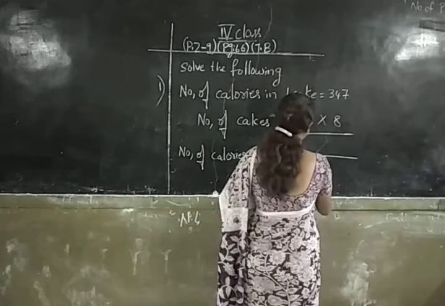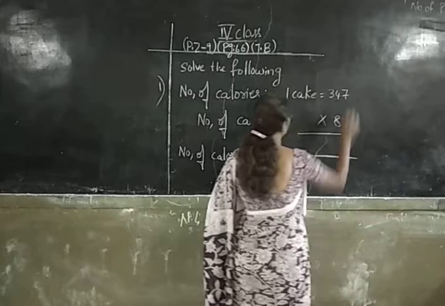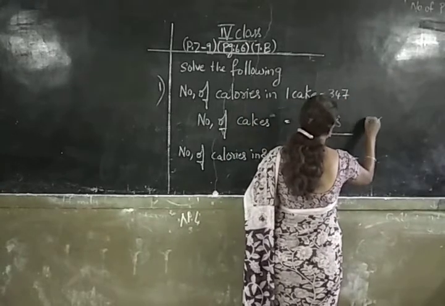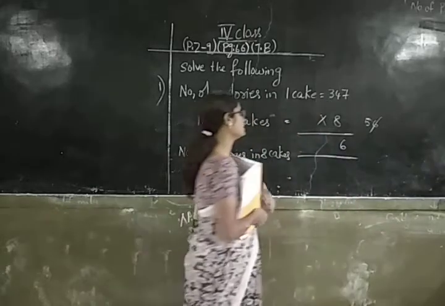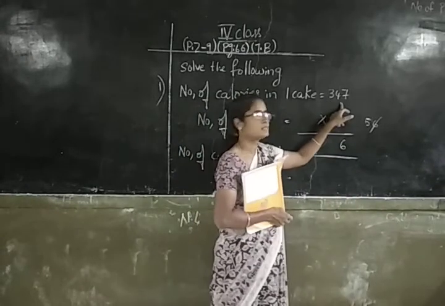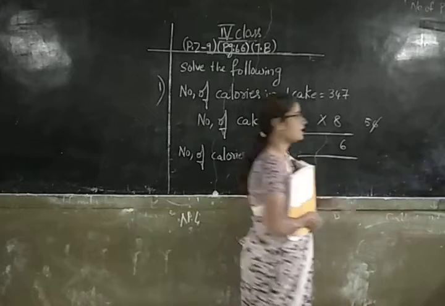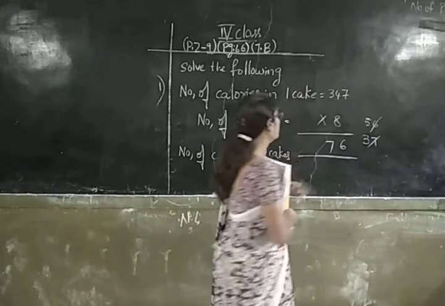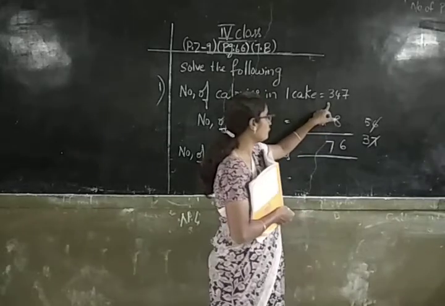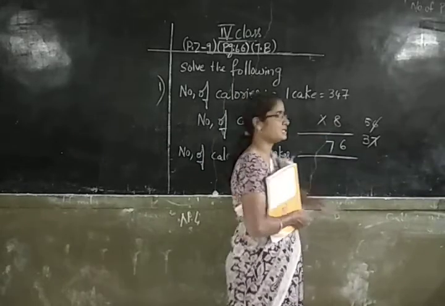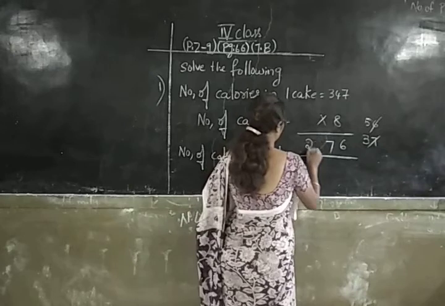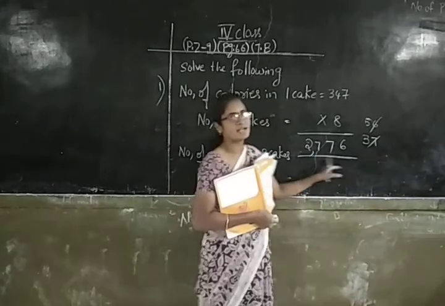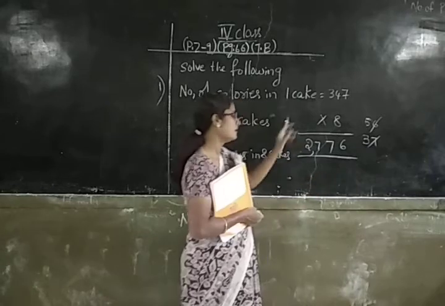First we have to multiply 8 with 7. 8 sevens are 56. 8 fours are 32. 32 plus 5 is 37. 8 threes are 24. 24 plus 3 is 27. There are 2776 calories in 8 cakes.